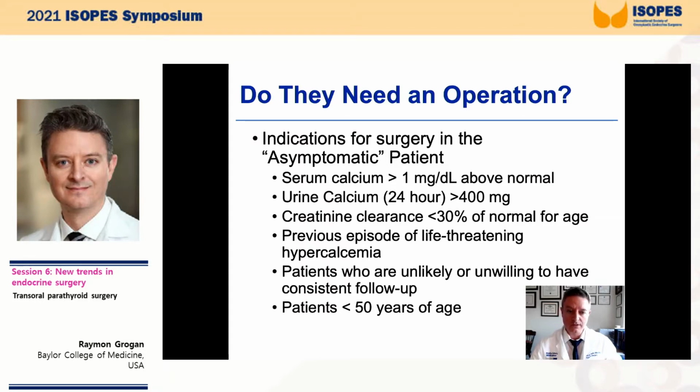This includes a serum calcium level greater than 1 point above the normal value, a urine calcium greater than 400 milligrams in 24 hours, a creatinine clearance of less than 30%, any previous history of hypercalcemia that caused them to be hospitalized or was a life-threatening episode of hypercalcemia, any patient who can't or won't continue to follow their calcium levels to make sure that they don't become extremely high or have hypercalcemic crisis, and patients under the age of 50. And that's because if you're at 50 years of age and you don't have symptoms, the likelihood of you developing symptoms over the next 30 or 40 years is pretty high.